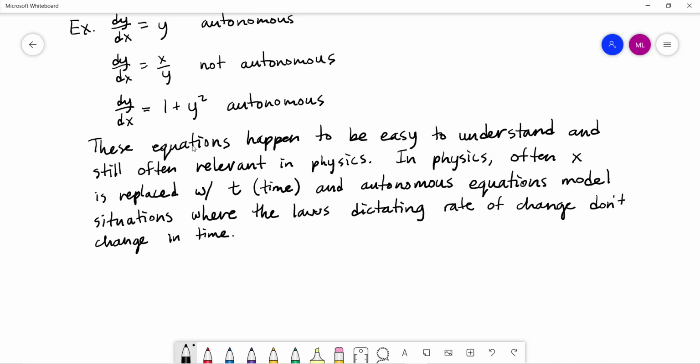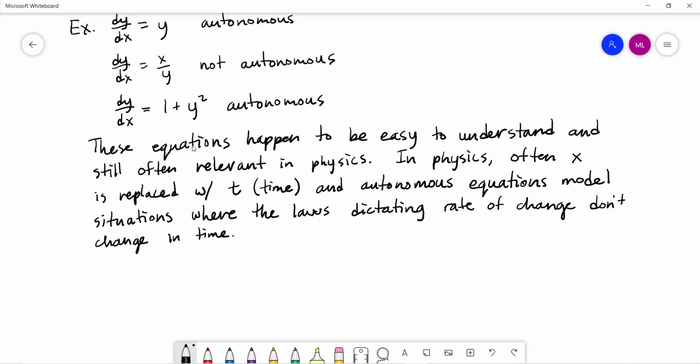Okay, that's a horribly phrased sentence there. I'm sure there's a better way to phrase this, but I'm having a brain freeze right now and not able to come up with a better way of saying this. But basically, you can think of all the problems that we looked at in our examples in the previous video, where we are trying to come up with some law that governs how the rate of change occurs.